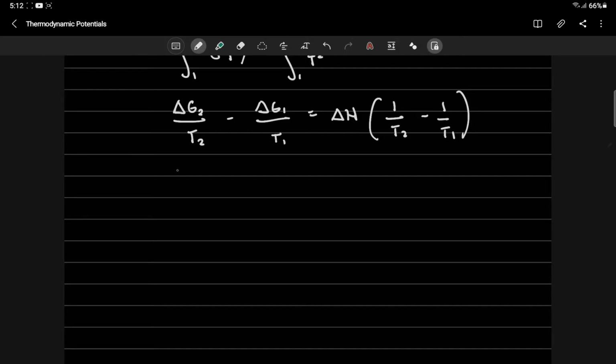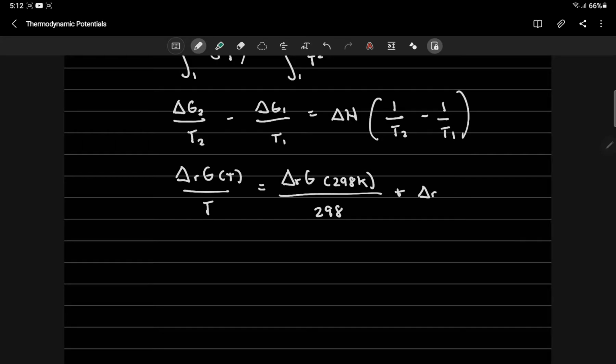So, for us to determine the reaction free energy at a certain temperature T, yan yung magiging expression natin, that will be equal to the reaction free energy at 298 Kelvin divided by 298, I'm just following the previous formula, plus the enthalpy of reaction, standard state, times 1 over temperature, which is unknown, minus 1 over 298.